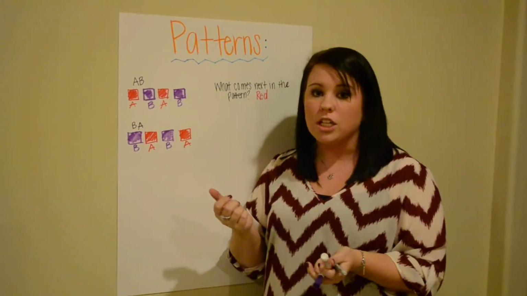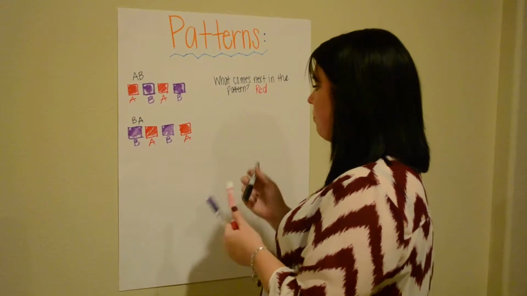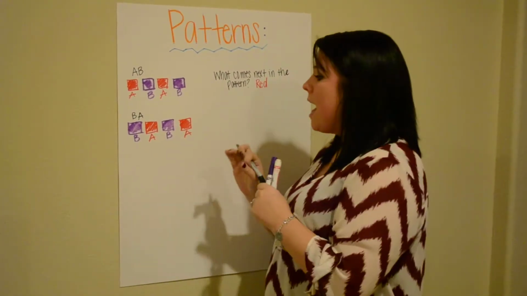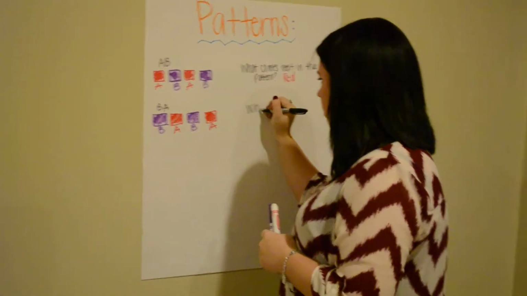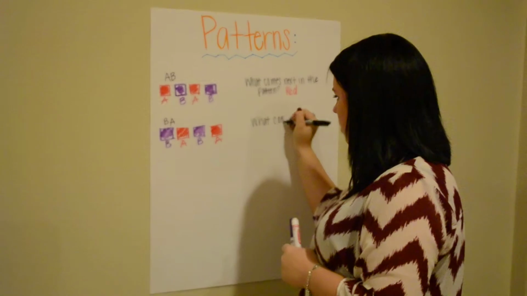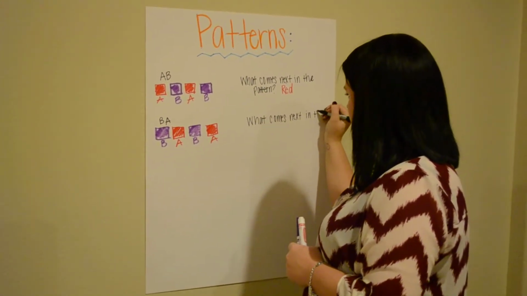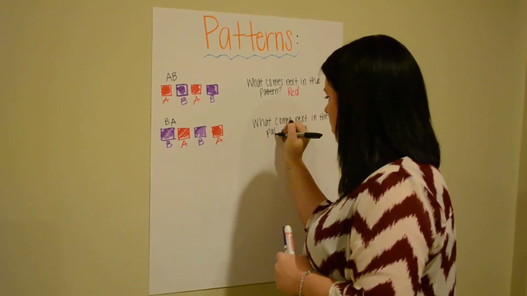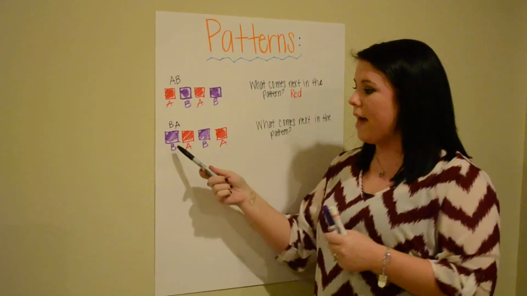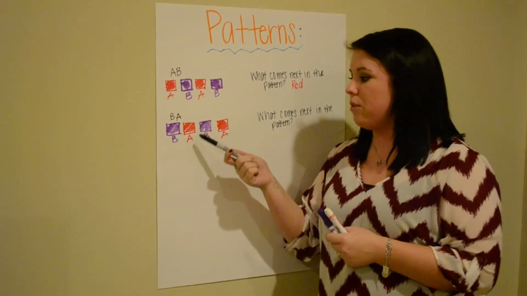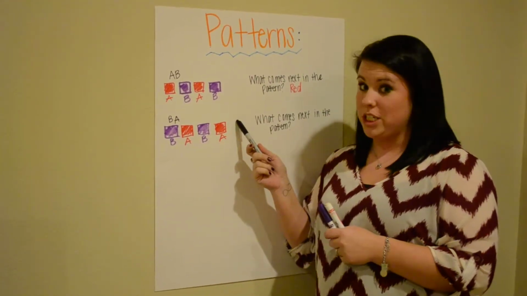Again, these could be any colors that you choose, just as long as you keep them the same each time you do it. So, I'm going to give you a second to think about it, and I want you to think what would come next after the red. So, if we have purple as B and red as A, what do you think comes next?